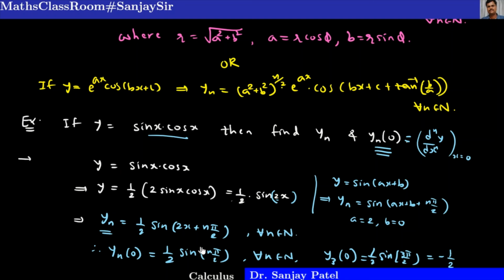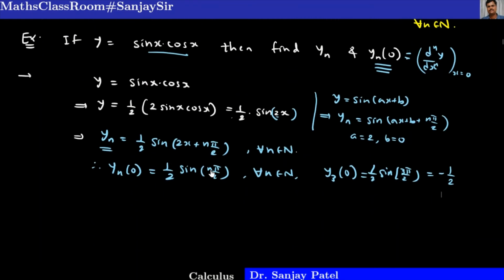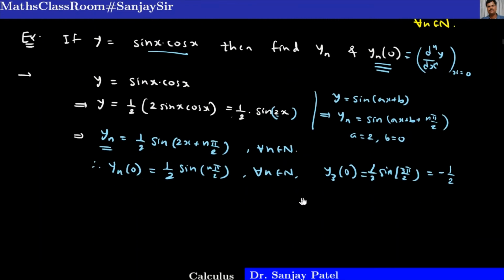If you are asked to find y12 at 0, you put n equal to 12. So y12 at 0 is 1 by 2 times sin of 12 into pi by 2. 2 sixes are 12, so sin 6 pi, and sin 6 pi is 0. 0 into something is 0. So the 12th derivative of y at 0 is 0.